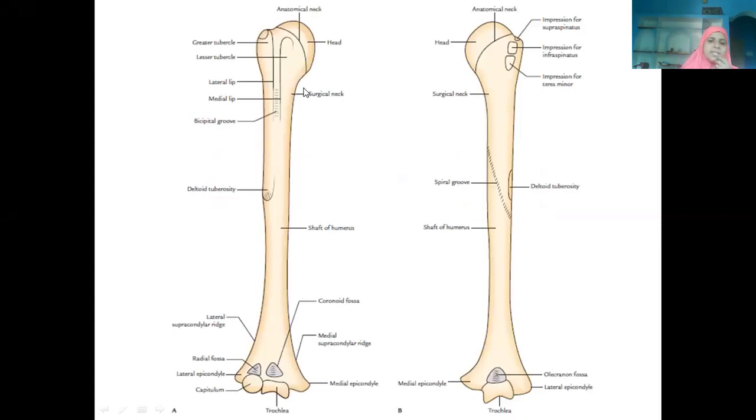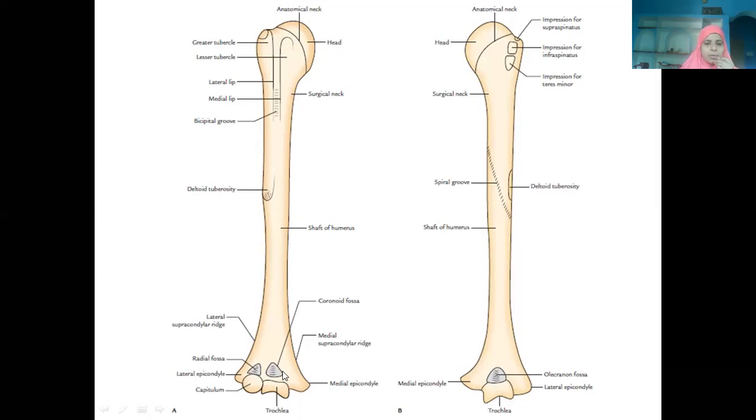So what are the presenting parts of the humerus? It has upper end, shaft, and lower end, isn't it? The first thing we should know is the side determination, which side it belongs to. When you hold the bone, it should be in such a way that the head is pointing medially.